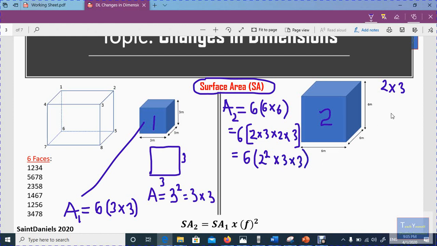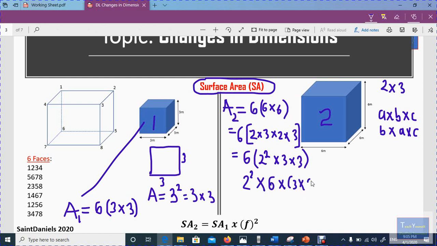In mathematics, if I have A times B times C, regardless of the arrangement, I can still write this as B times A times C, okay? It's still going to give the same thing. So I can decide to bring this 2 squared outside, and that's going to be 2 squared times, then I have this 6 times, then I still have this 3 times 3, okay?